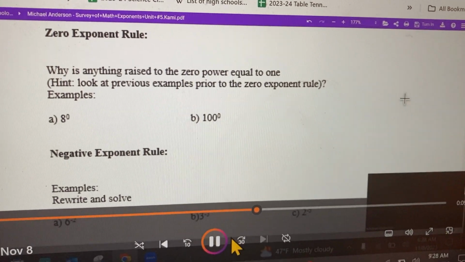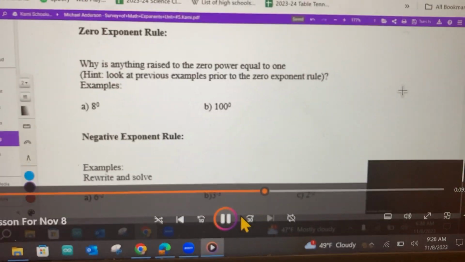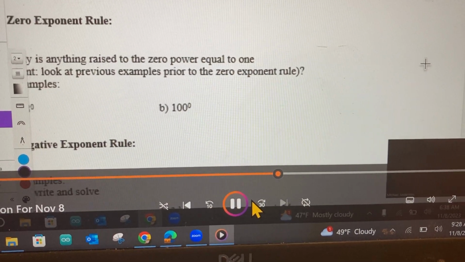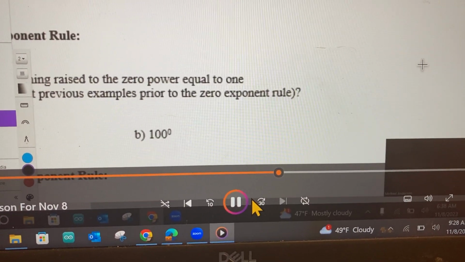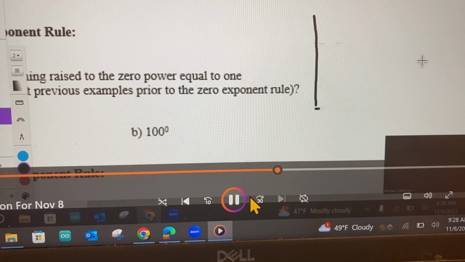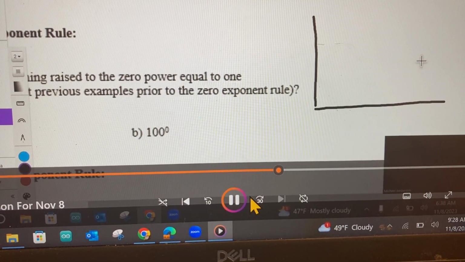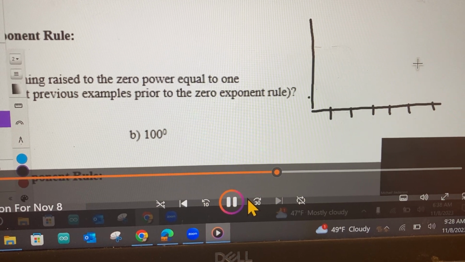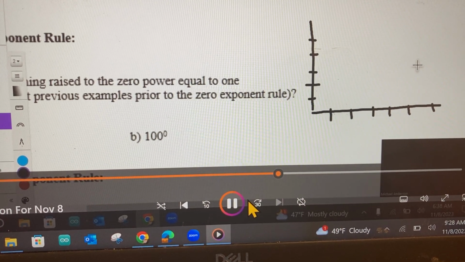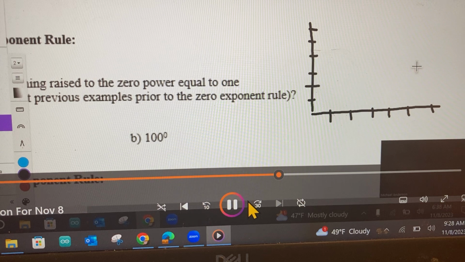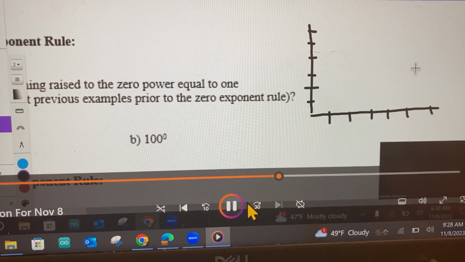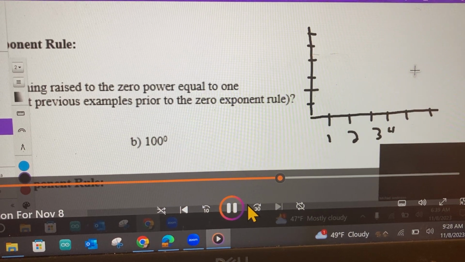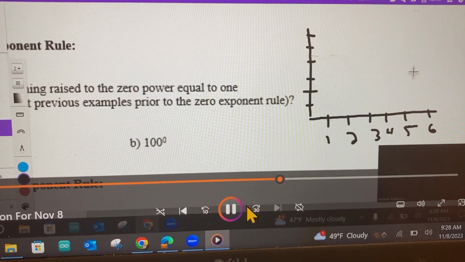Zero exponent rule. If we look at a graph, one, two, three, 4, 5, 6.